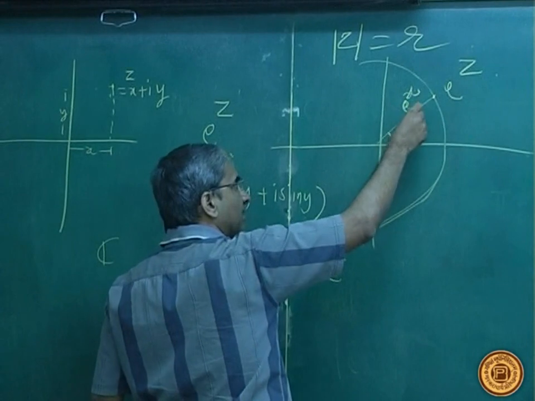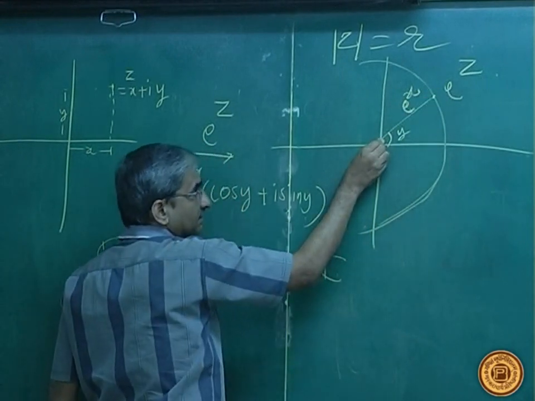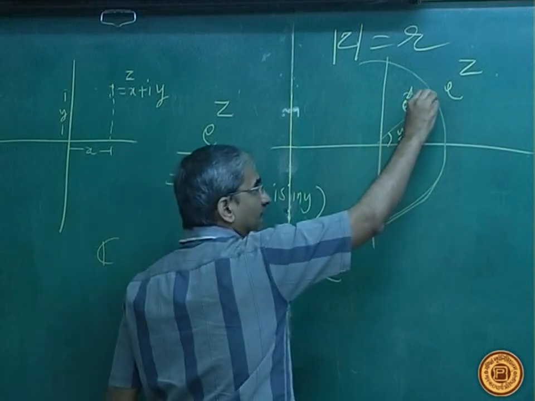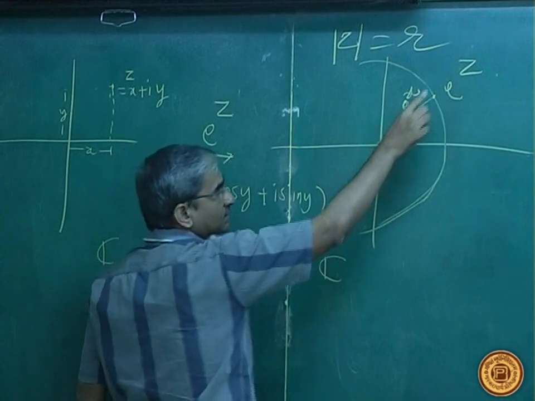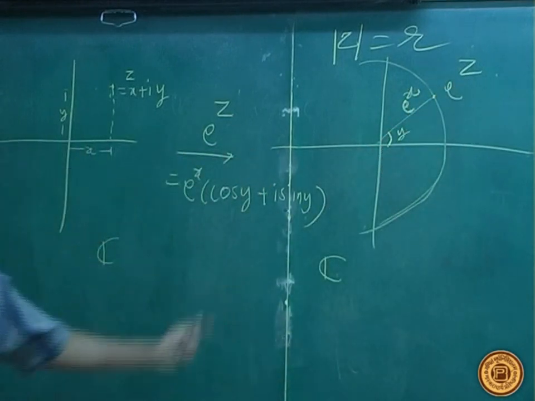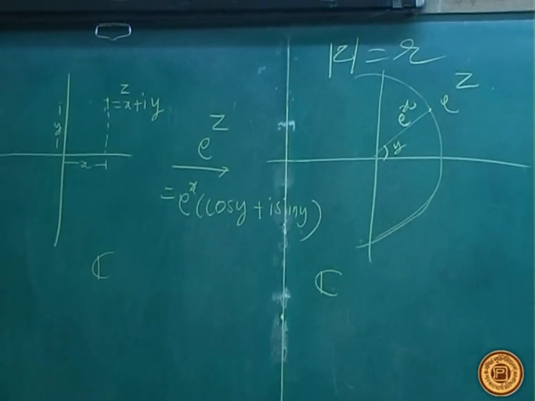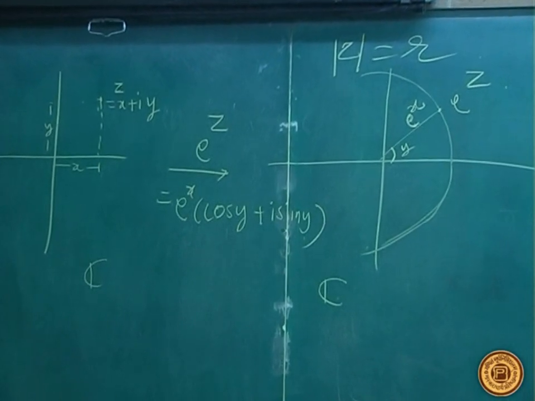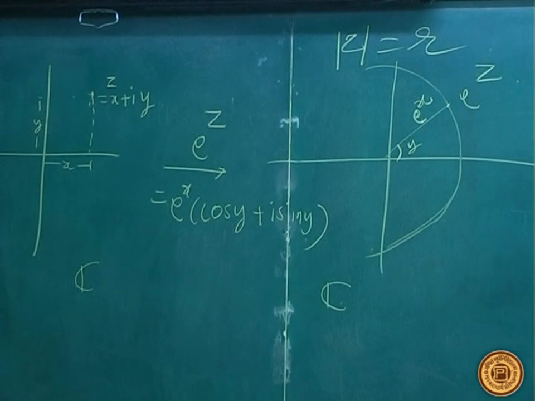Modulus you can also interpret as the distance from that point to origin. So this is e to the power x and its argument, that is its angle with the positive x axis, is y because the argument of e to the power z is y. So therefore e to the power z will be of this type.